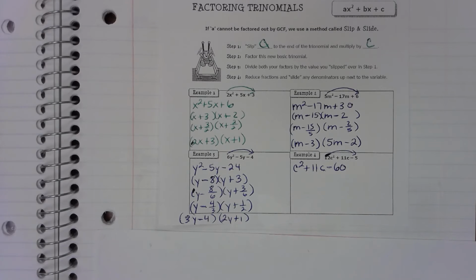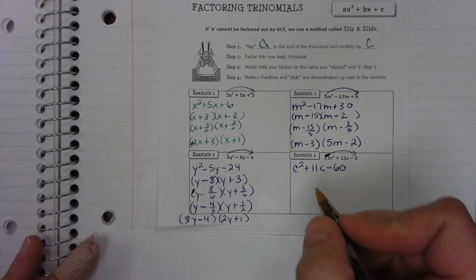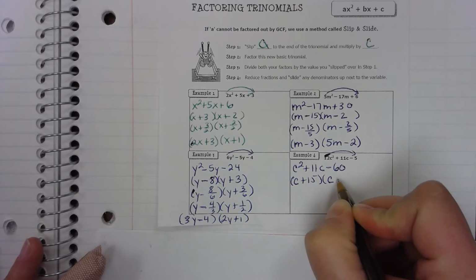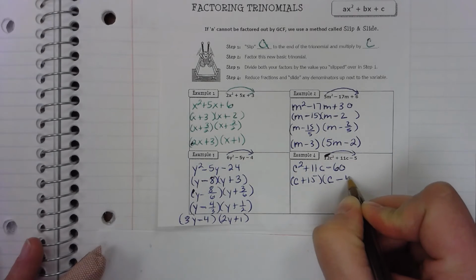So think about what are your two factors of negative 60 that multiply to give you negative 60 but add up to be positive 11. And that's going to be c plus 15 and c minus 4.